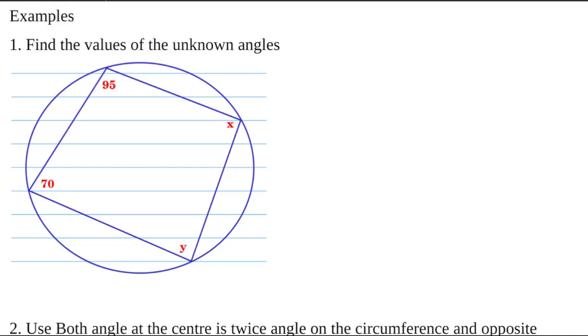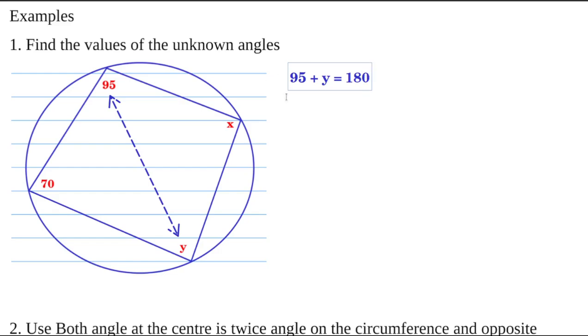Let's check. Opposite angles, this is opposite to that. So what do we know? Opposite angles of a cyclic quad add up to 180. 95 plus its opposite y, so plus y, they should give us 180 degrees.